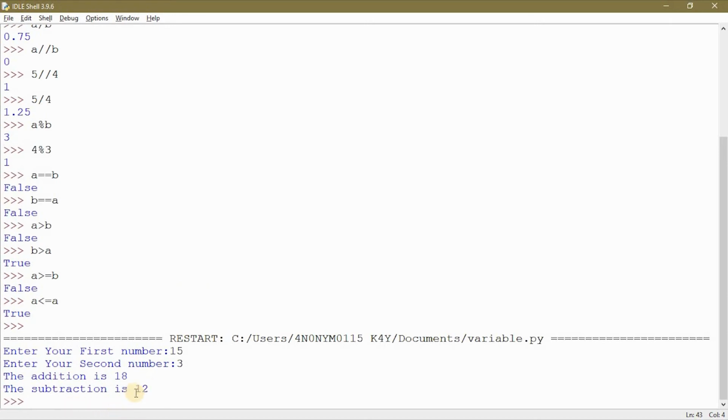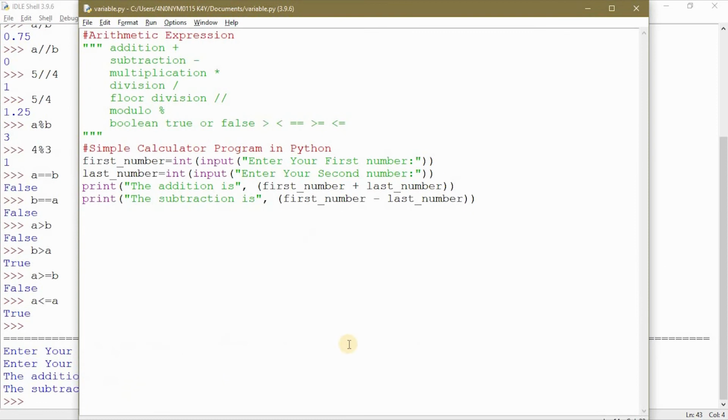So let's go back to continue our simple calculator program. The next one is multiplication.